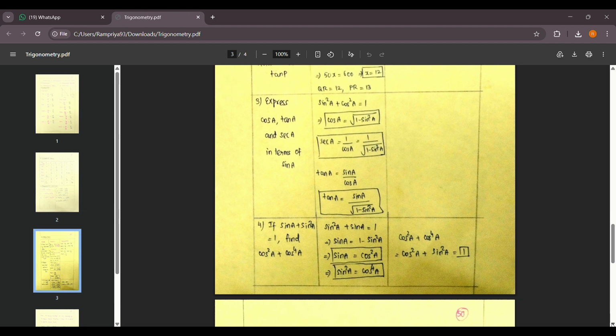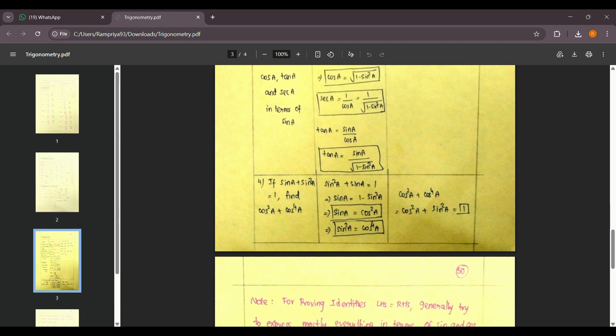And then comes another very simple question: sin A plus sin square A equal to 1. They'll be asking you an MCQ, sin A plus sin square A equal to 1, find cos square A plus cos power 4A. So just for a sample, I have solved this. You can take sin A as 1 minus sin square A, take the sin square A to that side, so you get 1 minus sin square A, you know that it is cos square A. So sin A equals cos square A. Now square it to find cos power 4A, so it will be sin square A. Now your question is cos square A plus cos power 4A.